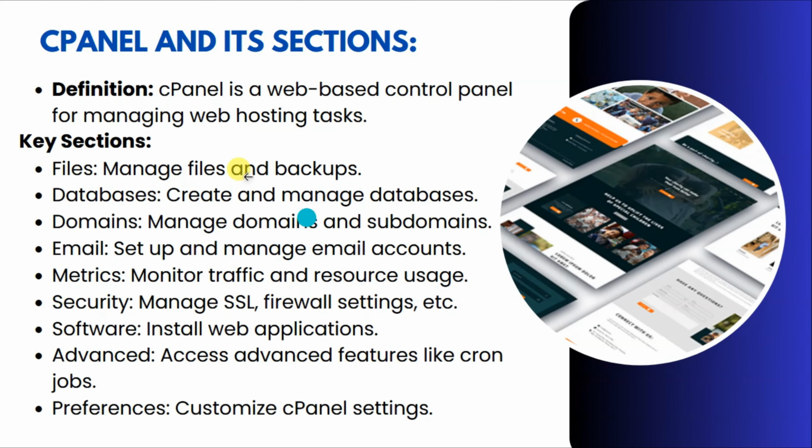Now, we talk about cPanel and its sections. What is cPanel? cPanel is a web-based control panel for managing web hosting tasks. Whenever you purchase web hosting, you are going to have access to what is called cPanel. This cPanel is where you are going to be installing your WordPress and other applications, and creating your webmail. Instead of using at gmail.com, you can use at yourwebsite.com.